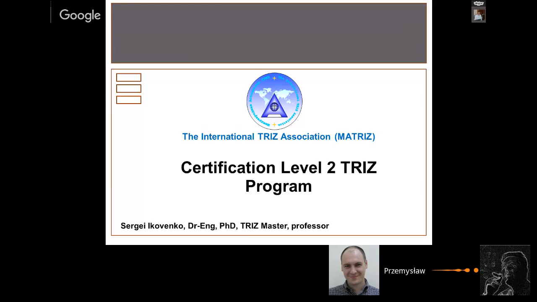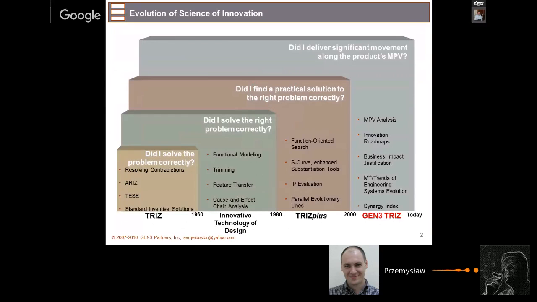So slide number 2. Maybe some of you have seen it. It shows how chronologically TRIZ has been evolving. First, the problem-solving tools developed by Altshuller: resolving engineering contradictions, physical contradictions, ARIZ, trends of engineering system evolution. Then analytical tools that became an intimate part of TRIZ, actually the most important part at this point: function analysis, trimming, cause-effect chain analysis, feature transfer.